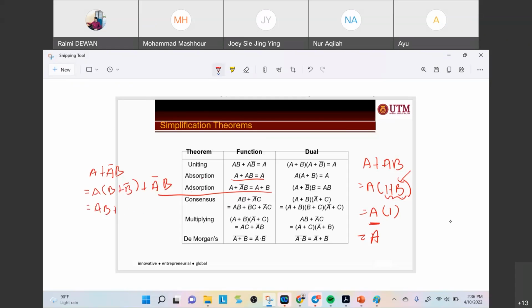AB plus AB bar plus A bar B, until you get the AB bar AB. B A plus A bar plus A, B bar, B plus A B bar.